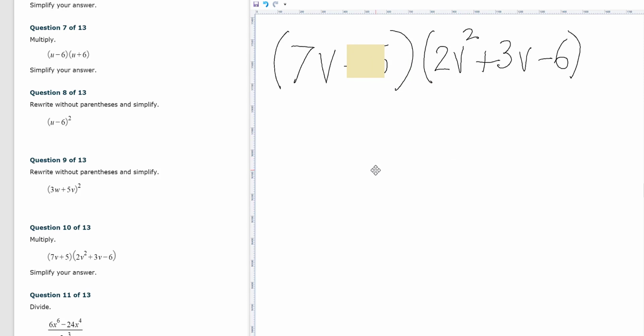So I'm going to ignore this plus 5. I'll just pretend it's not there. And I'll do 7v times all three of these. That's distributing the 7v. Now when that's done, I'm going to cover up or ignore this, and I'm going to do the 5 through. And then I'll combine my like terms.